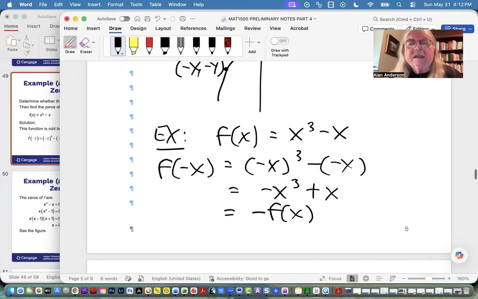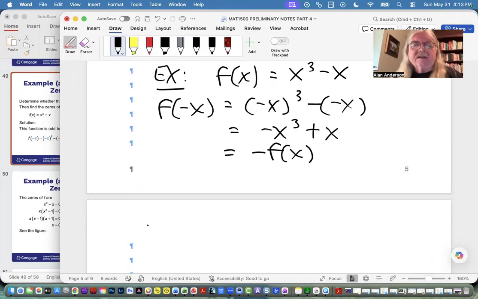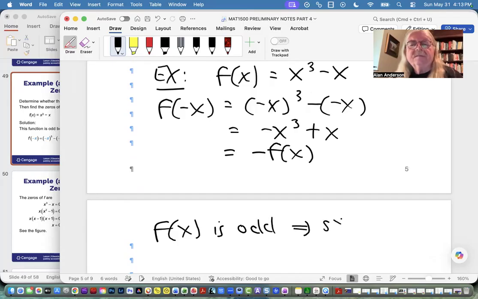And so that's all we need to demonstrate that f of x is odd and therefore symmetrical with respect to the origin.